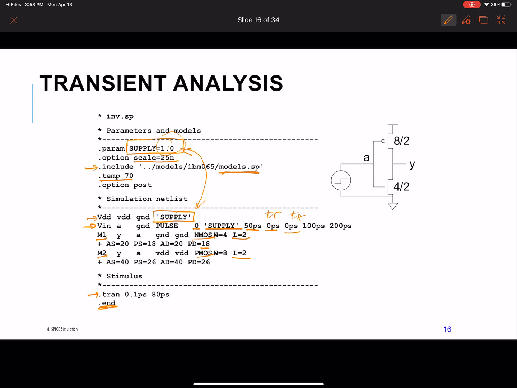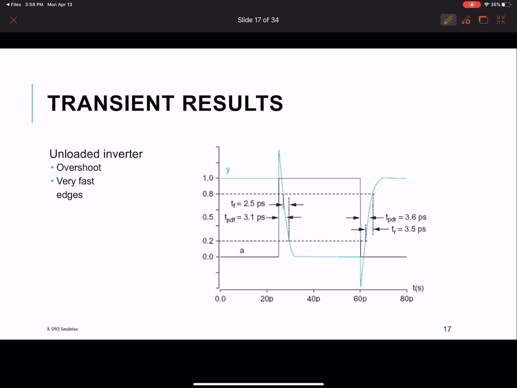This causes some nonsensical things to happen when you don't have a load capacitance in the simulation. So what you see is this is the input, a very fast rise time, an unrealistically fast rise time for the input.